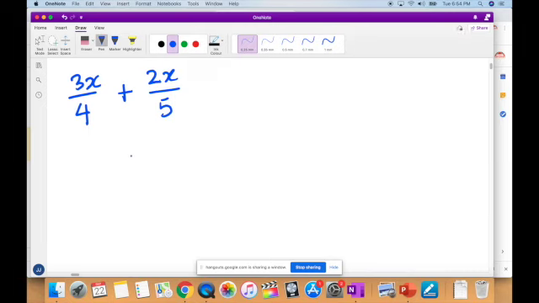But remember that you do it like any normal fraction. So what do I do first? That is not the way that I told you earlier to do fractions.